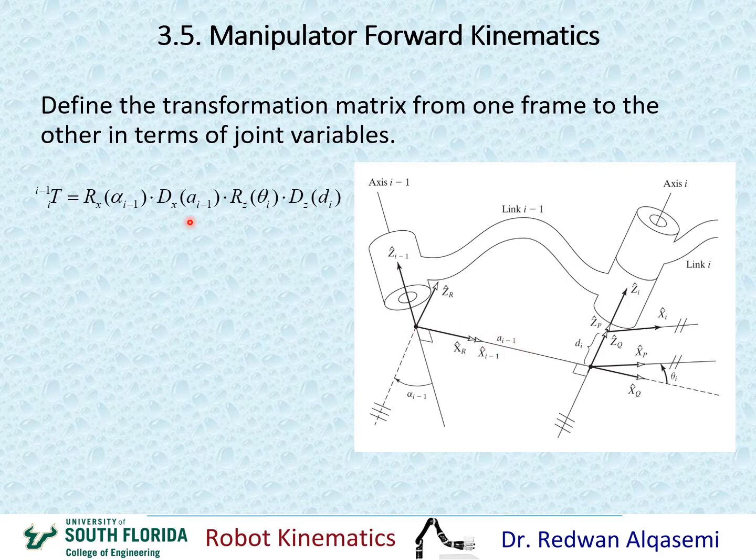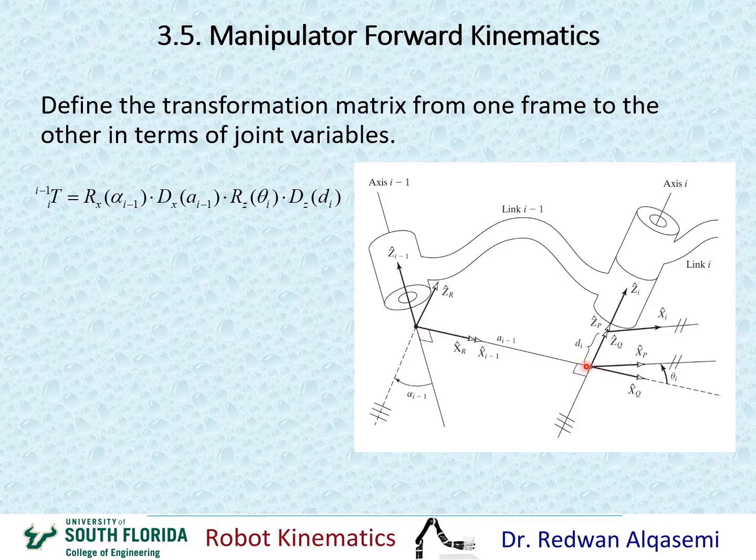So that would make me multiply this transformation matrix, which has rotation and 0 translation, by another transformation matrix that has identity rotation and has translation along the x direction by the amount of a i-1. Okay, so that takes me from this point to this point.